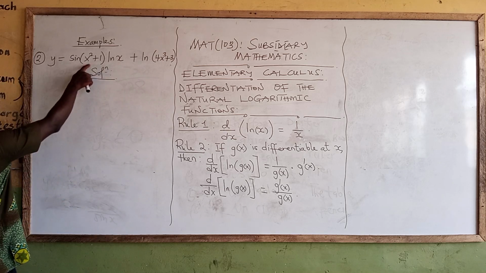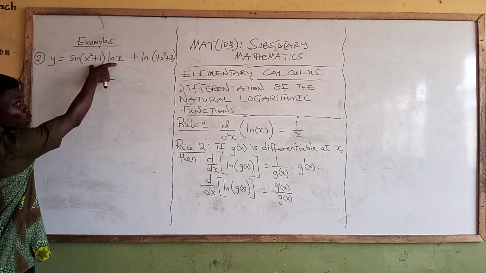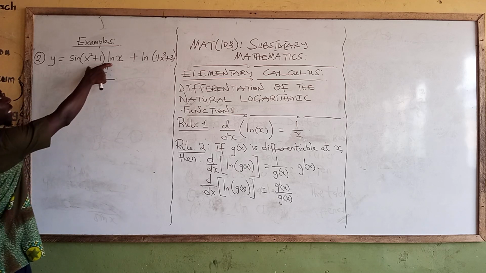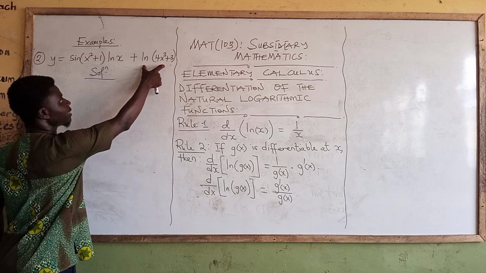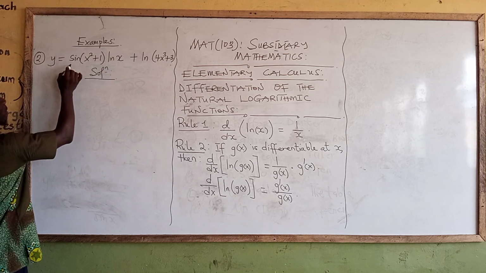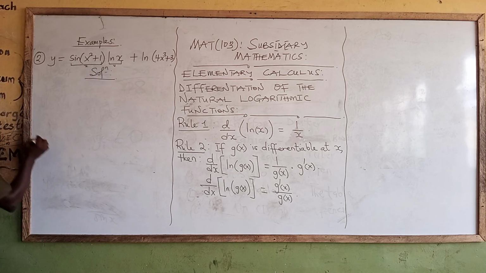Don't forget, we have x here, so they are all functions of x, y in terms of x. We can apply the product rule because they are multiplying. Now this one is ln of 4x cubed plus 3. So we apply the product rule. This one is u, then this one is v. Don't forget.